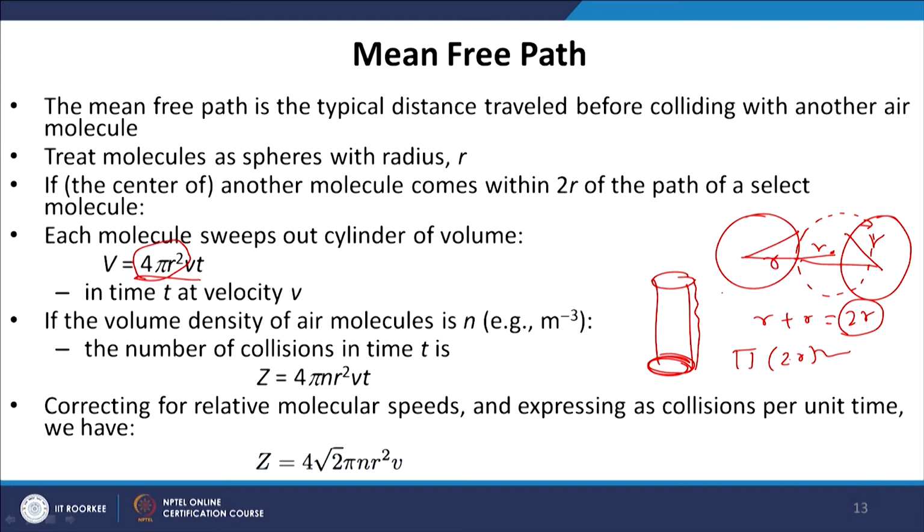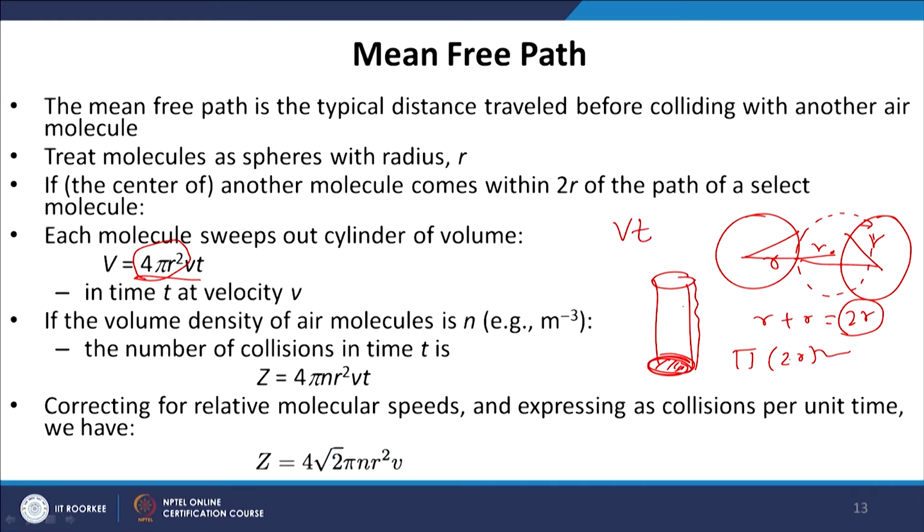Now, the area of the base is where the two molecules have to come close together. To get the cylinder volume, I have to multiply the base area with the height. Now, what is the height? This gas molecule, which we have considered as a sphere, is moving with a velocity v. So, at time t, the distance it can travel is v into t.